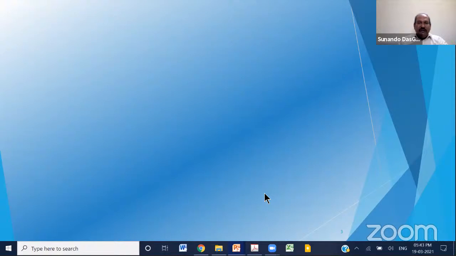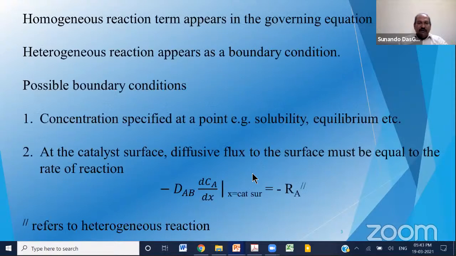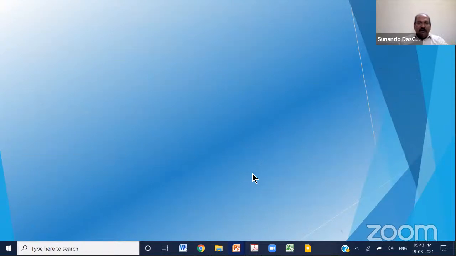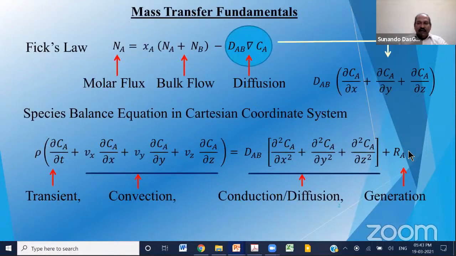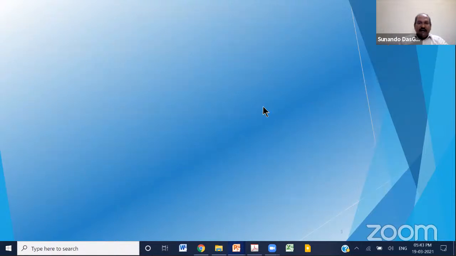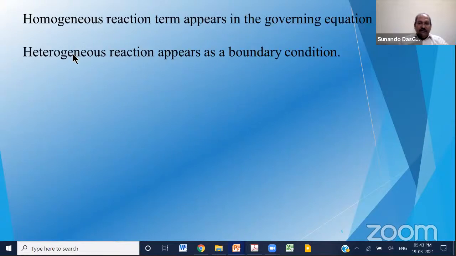Now the relevant boundary conditions that we have seen. The major feature is that the homogeneous reaction term, Ra, appears in the governing equation, whereas if it's a catalytic reaction, then the heterogeneous reaction term would appear as a boundary condition.